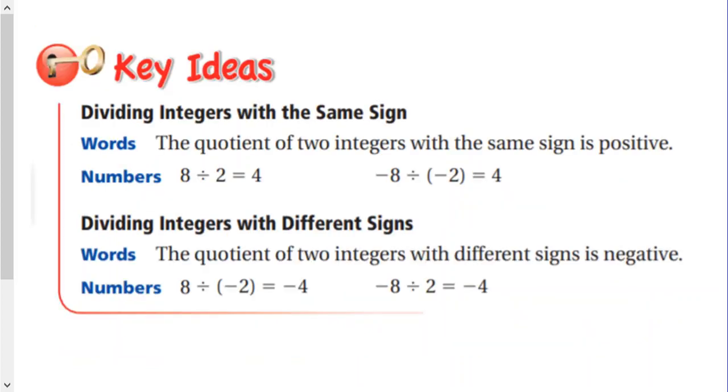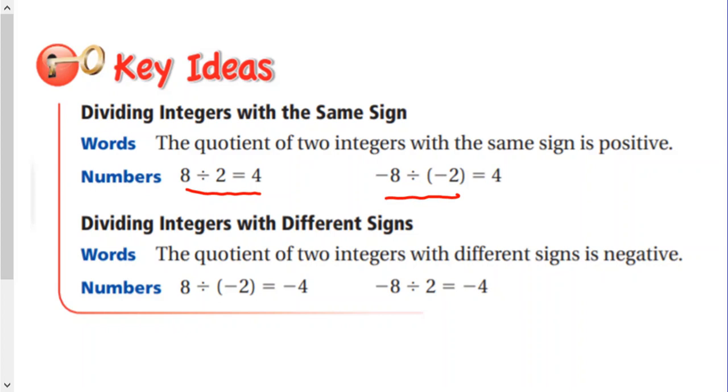Now here is the key idea for this lesson. When you're dividing integers with the same sign, the quotient of two integers with the same sign is positive. So 8 divided by 2 gives you a positive 4, or a negative 8 divided by a negative 2 gives you a positive 4. When you're dividing integers with different signs, the quotient of two integers with different signs is negative.